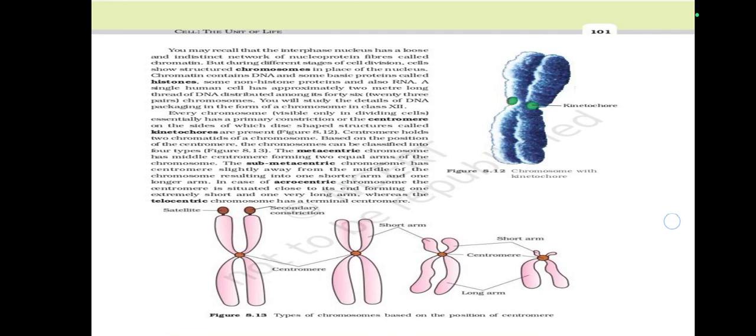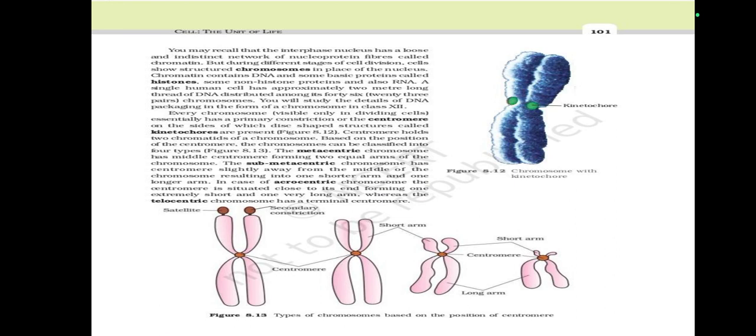You may recall that the interphase nucleus has a loose and indistinct network of nucleoprotein fibers called chromatin, but during different stages of cell division, cells show structured chromosomes in place of the nucleus. Chromatin contains DNA and some basic proteins called histones, some non-histone proteins, and also RNA.